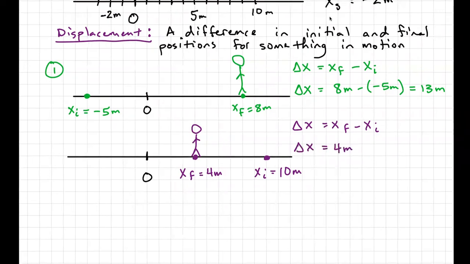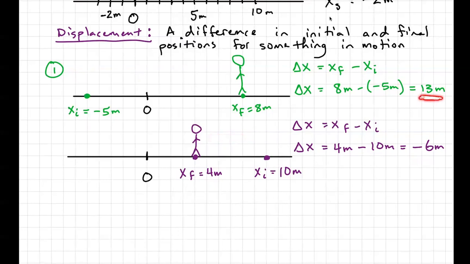My initial position was 10, so it's 4 minus 10, which is -6 meters. So notice here, this distance from initial to final was 6 meters, but this minus sign indicates the direction of the motion. So minus meaning kind of moving to the left.